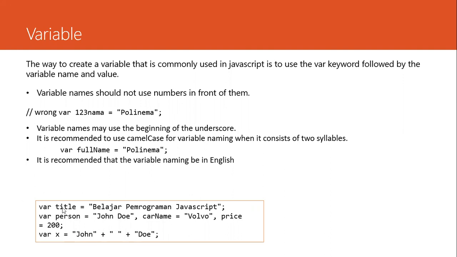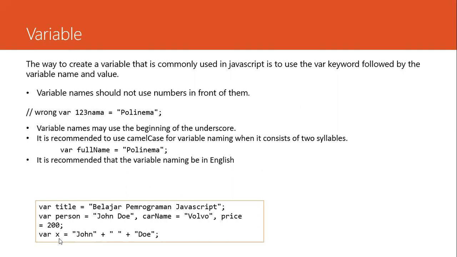And we can also write like this. If we have many variables, we don't need to put var in front of every variable, but for the first variable only. So var person, after that followed by car, name, price, like this.